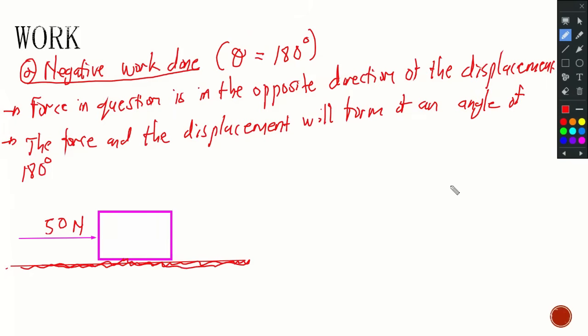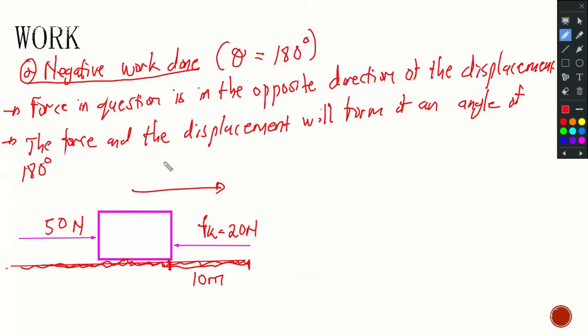We know from Newton's second law that it always opposes the motion of an object. So obviously, your frictional force will be acting in the opposite direction. Let's say the magnitude of the frictional force is 20 newtons. The force applied is greater than the frictional force, so your object will still cover a distance of 10 meters in that direction.